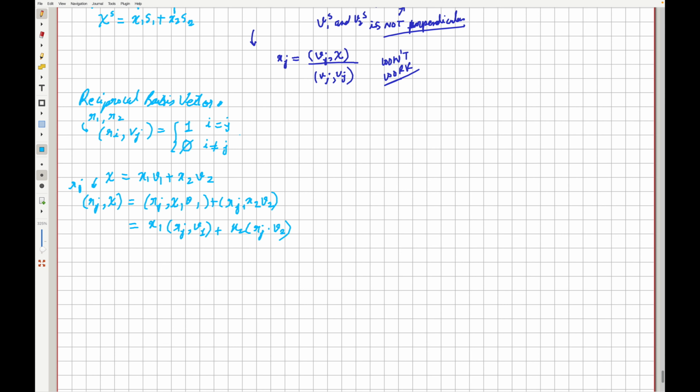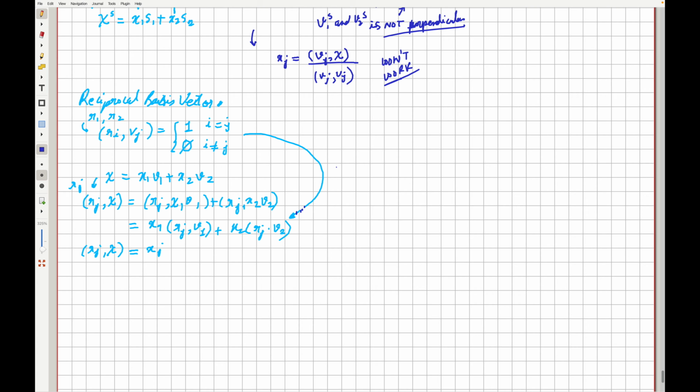Based on the assumption we have above, we can clearly see that if i is not equal to j, then the dot product would be 0, and therefore what we are left with is just x of j. So rj dotted with x is equal to simply x of j.